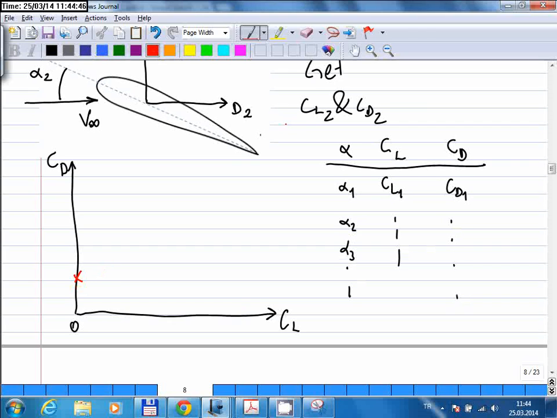Okay, so as I said, as the lift coefficient is increased, you expect the drag coefficient to increase as well. And that's what you really see in an experiment. If you have a proper experiment set up where your measurements are correct, you see such a trend.